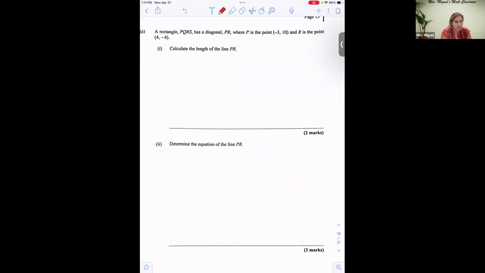For writing the formula and for working it out correctly, you'll get 2 marks. Go ahead.